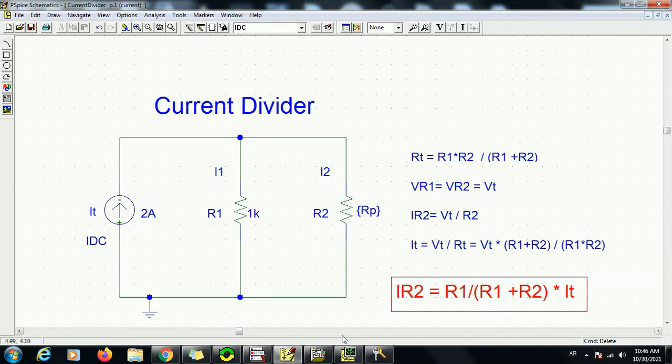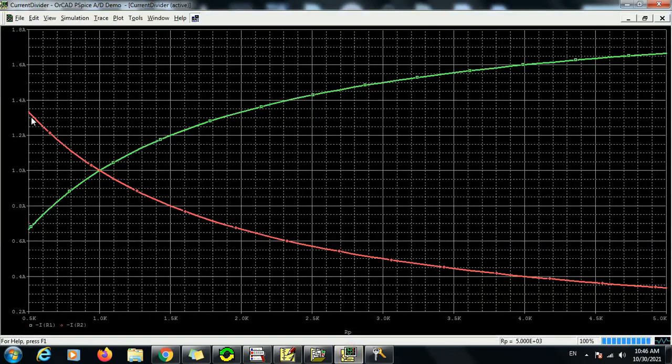And this we can see in the simulation. As we increase the value of R2, less current passes through it because it becomes more resistive, until it goes to 0 if we have an open circuit.